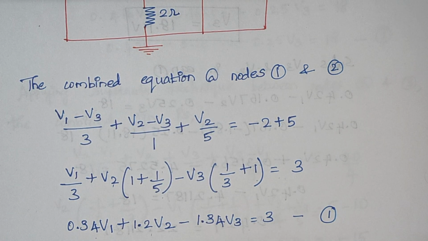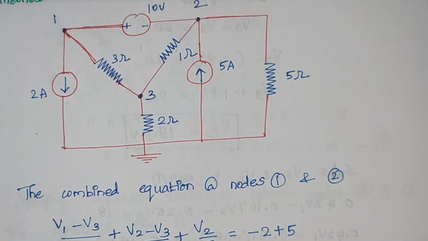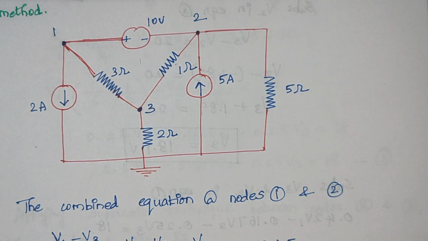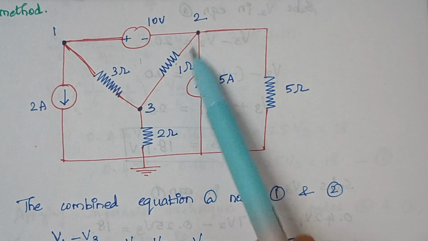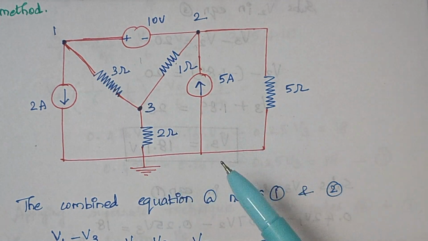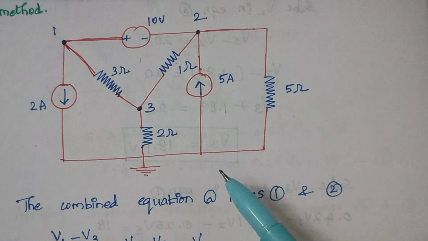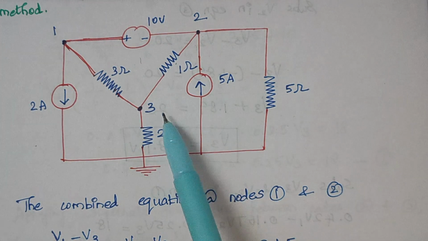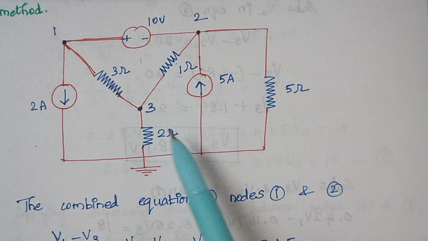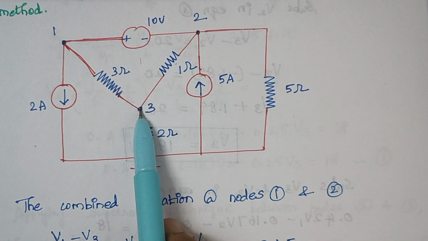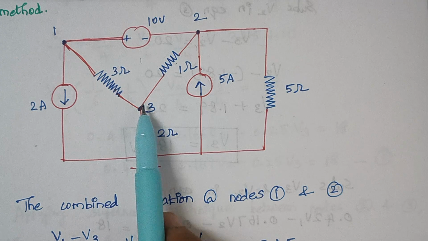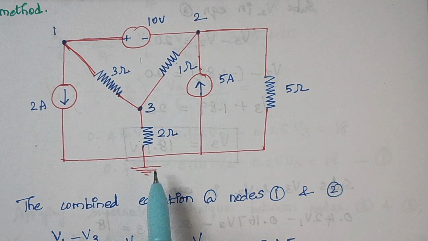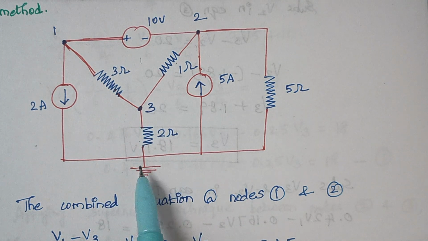Now we are going to write the nodal equation for node 3. To this node 3, three resistors are connected, so you have to represent these three as the terms. Here, V3 and a 2 ohm resistor is connected between node 3 and ground, so the first term is V3 by 2.